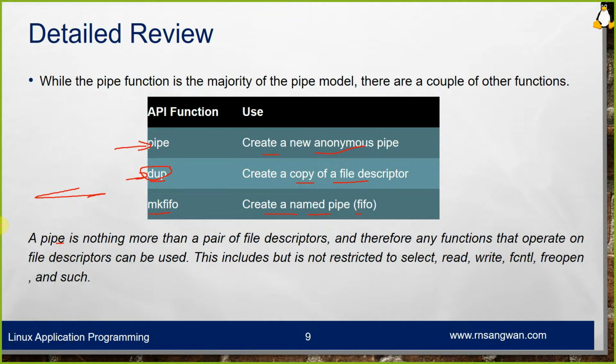And therefore any function that operates on file descriptors can be used. This includes but is not restricted to select, read, write, fcntl, fdopen, and all other functions which are applicable to file descriptors.